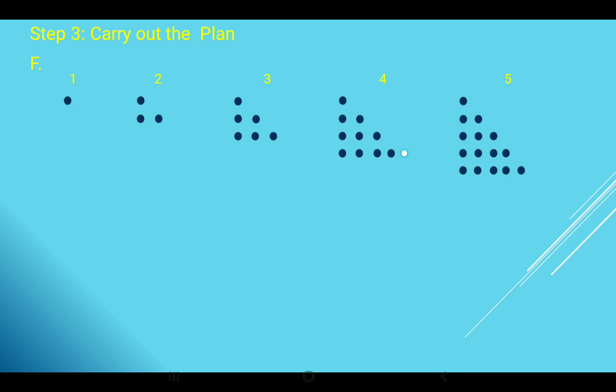So, nakikita naman po natin yung sa first term we have 1 dot, in the second term we have 3 dots, in the third term we have 6 dots, in the fourth term we have 10 dots, in the fifth term we have 15 dots. So, kung makikita nyo, nag-add tayo ng same number of dots kung ilan yung dots nila kada term, so makakabuo tayo ng shape na isang rectangle.